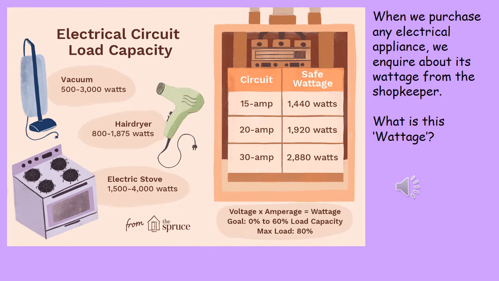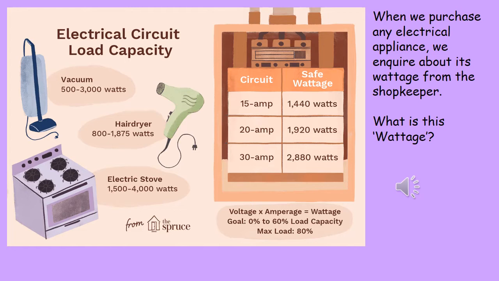When we purchase any electrical appliance, we inquire about its wattage from the shopkeeper. Now, in the figure given in the slide, we are seeing different types of electrical gadgets like vacuum cleaner, hair dryer, electric stove, and in every case in the table, safe wattage is given.